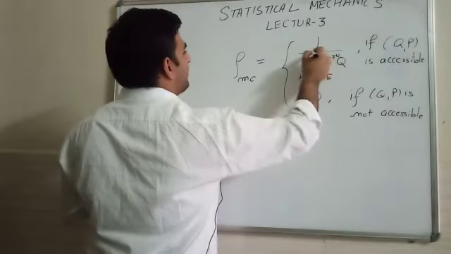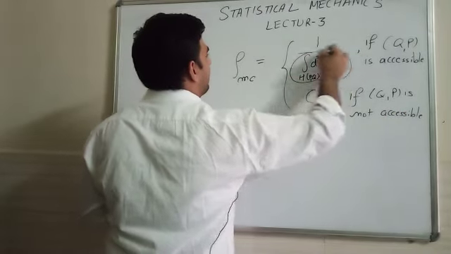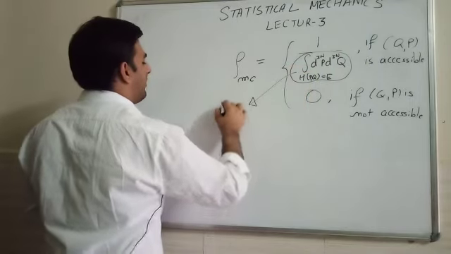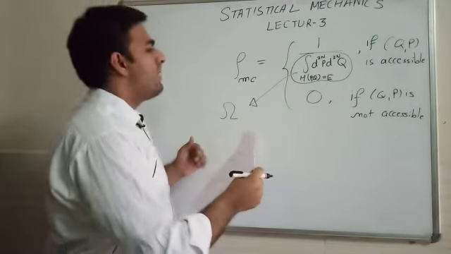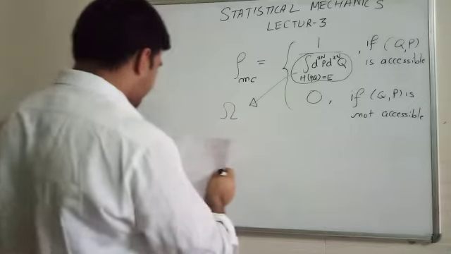We usually write this integral as omega, which is the number of microstates that the system has.